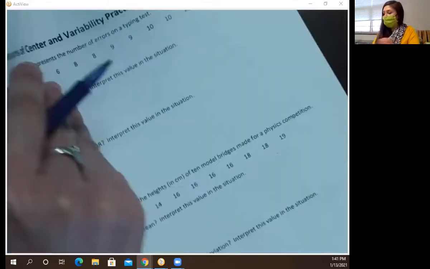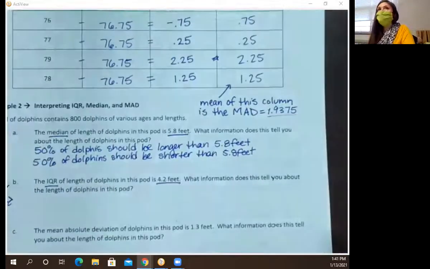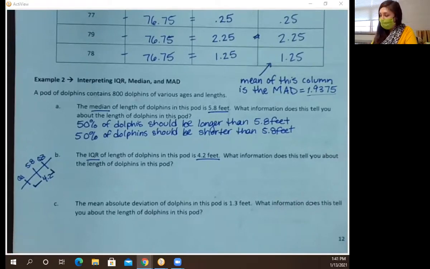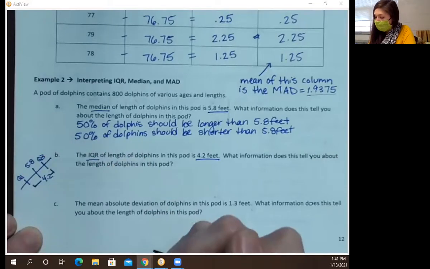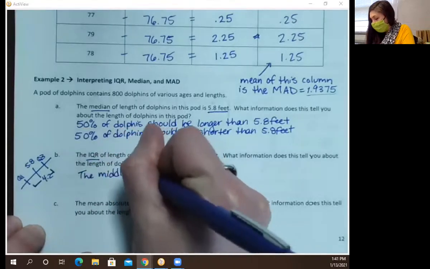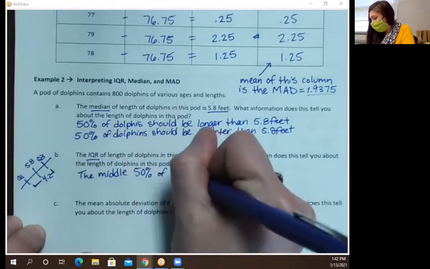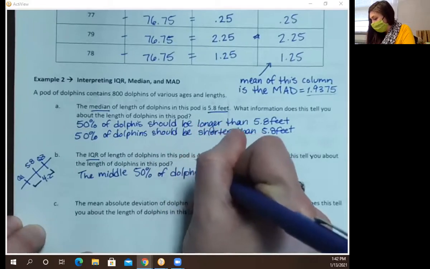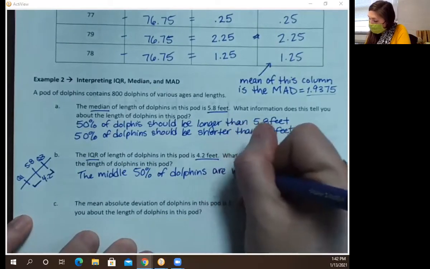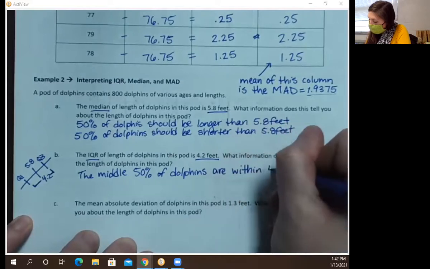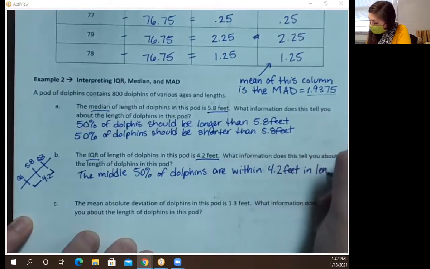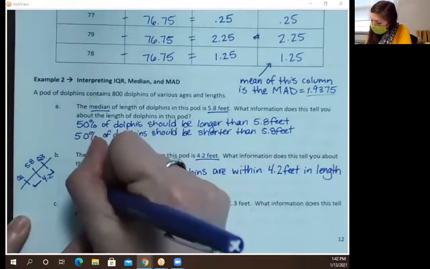So if we flip back to our dolphins, I should be able to say something similar in regards to their lengths. That middle 50% of dolphins, those middle 2 quarters that we're looking at, are within 4.2 feet in length of one another.